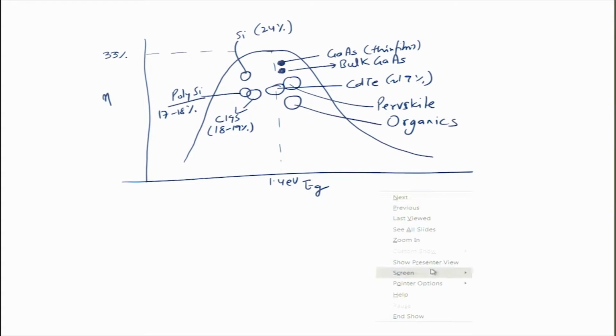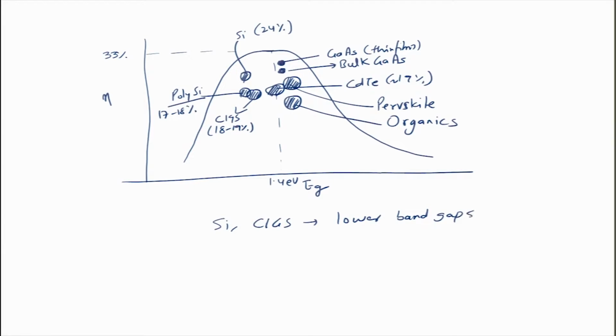So, you can see that these are different materials that you have in different domains. So, band gaps are centered around 1.5 electron volt. Some materials have band gaps higher than 1.5 electron volt, and materials like silicon, CIGS, they have lower band gap. And their efficiencies are of the order of, crystalline silicon about 24%, CIGS about 19%.